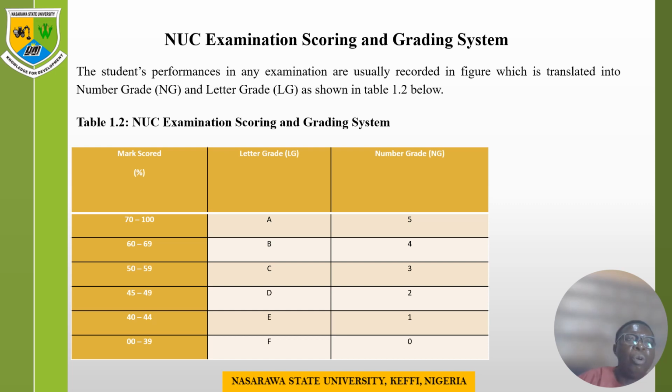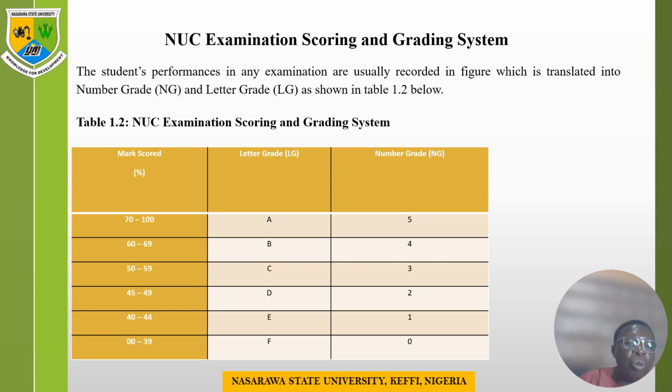For a mark score between 70 and 100, the grade here is A, while the number grade is 5. Mark score from 60 to 69, the letter grade is B and the number grade is 4. The same thing applies to 50 to 59, the letter grade is C while the number grade is 3. 45 to 49, the letter grade is D while the number grade is 2. 40 to 44, the letter grade is E while the number grade is 1.